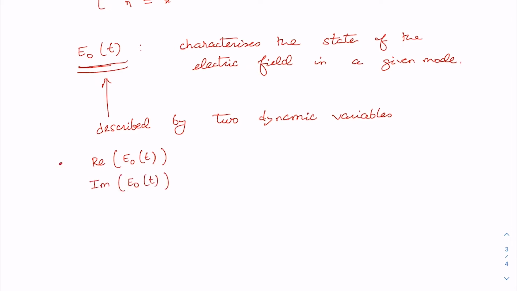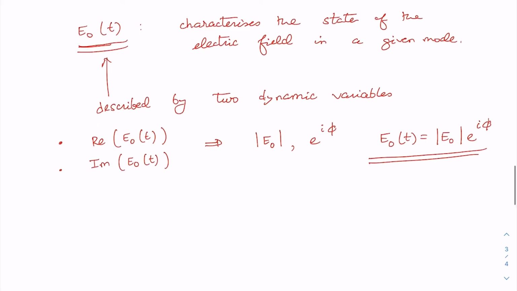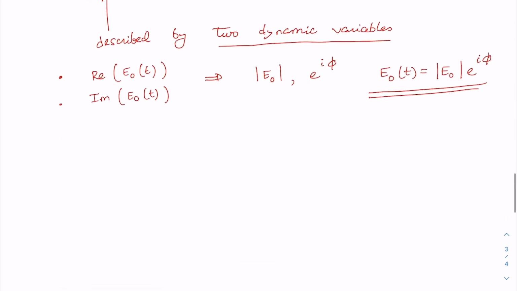Or in other words, I can say that it is represented by the dynamic variables of amplitude, the magnitude basically, and the phase. Because I can write this complex quantity E0(t) as, say, E0 magnitude and this phase, right? This is what I mean by two dynamic variables. And our goal is to look for these two dynamical variables which are canonically conjugate to each other.